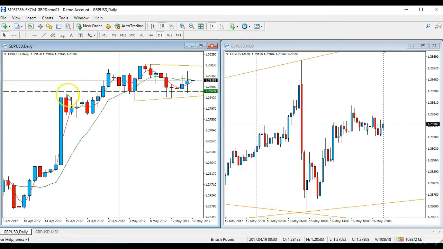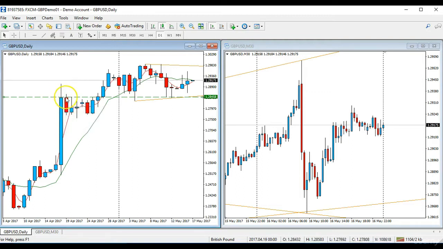This is what we call it when price moves up and hits a certain level, bangs up against it, and moves away without going through it. We call that resistance. If I put that there, you can see how this candle banged against it and closed below it on the daily chart.